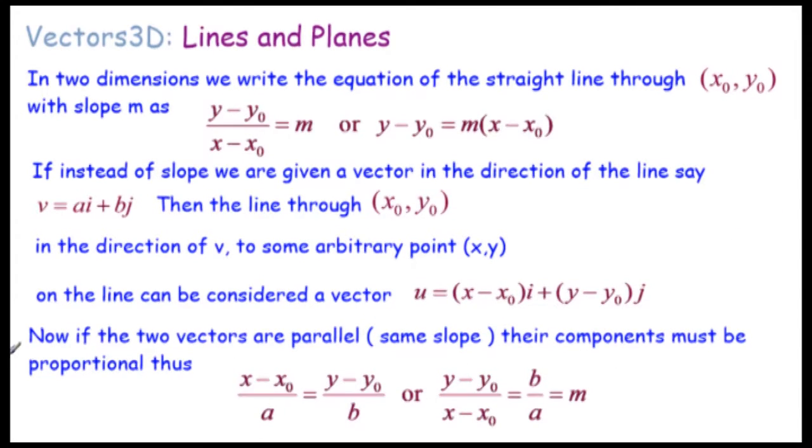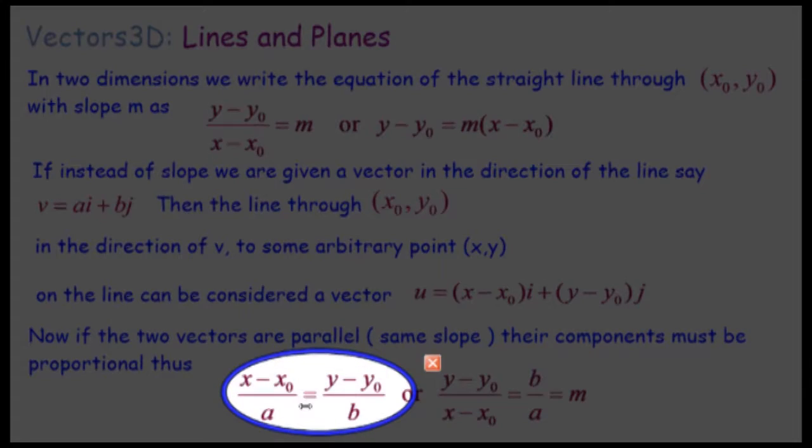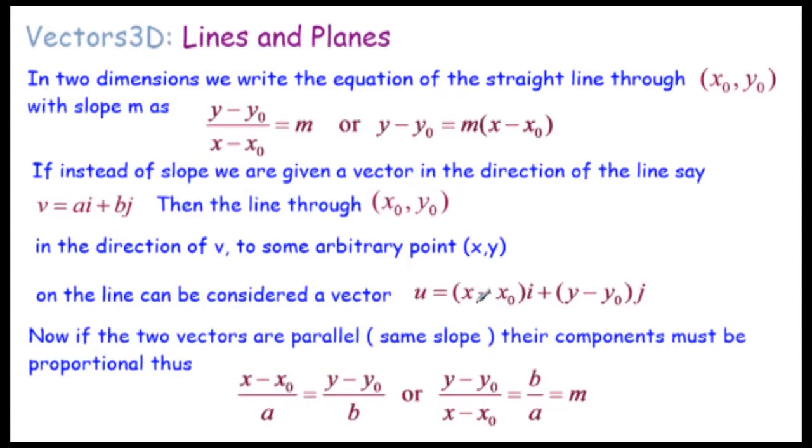Now, these two vectors, v and u, are parallel. They have the same slope, and therefore their components must be proportional. So basically we just do a ratio of the components: (x minus x0) over a equals (y minus y0) over b.